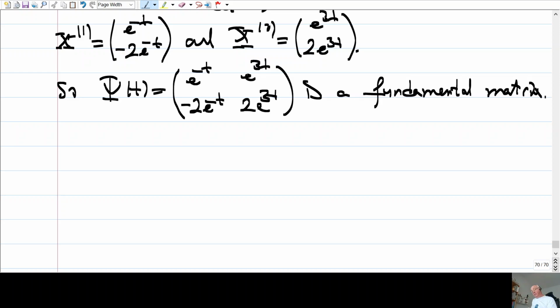Well, since these are linearly independent, of course, the general solution is just this matrix times C1, C2.